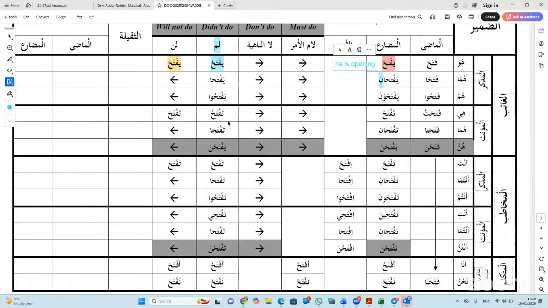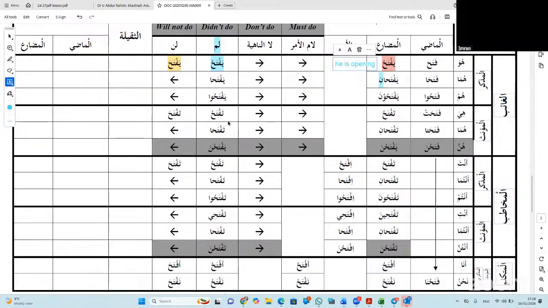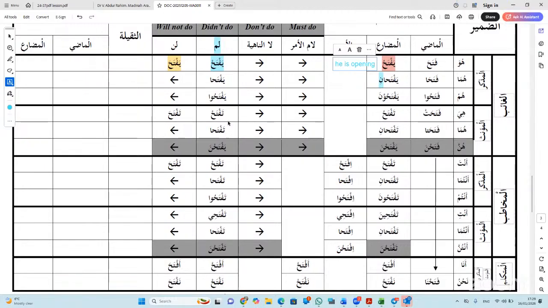Lam taftah. You male did not open. Excellent. Lam taftaha. You both male did not open. Excellent. Lam taftahu, you all male did not open. Lam taftahi, you female did not open.